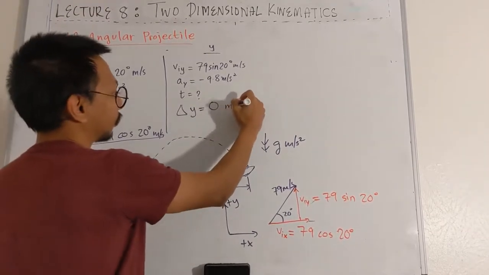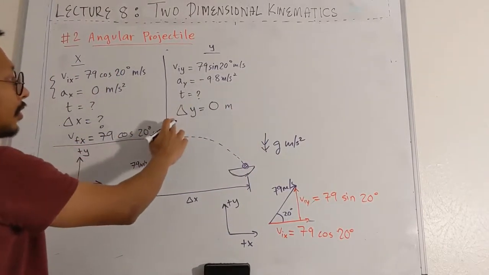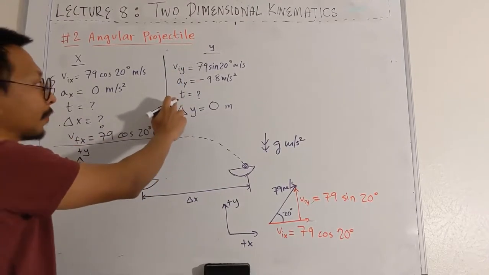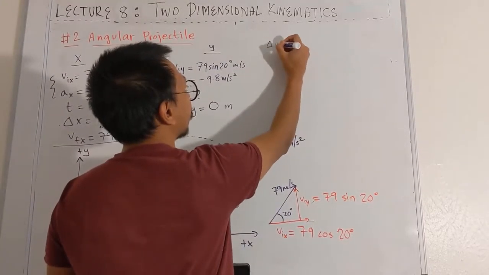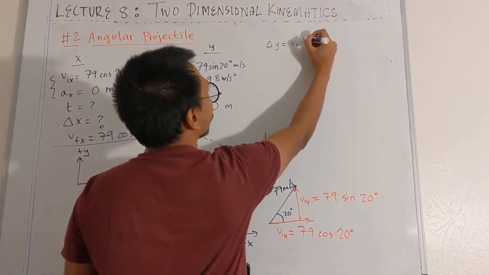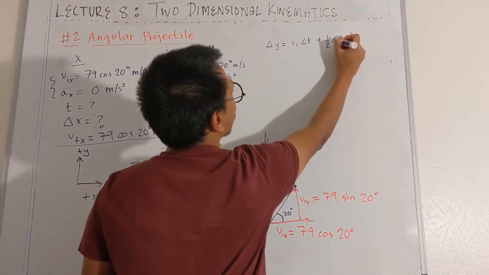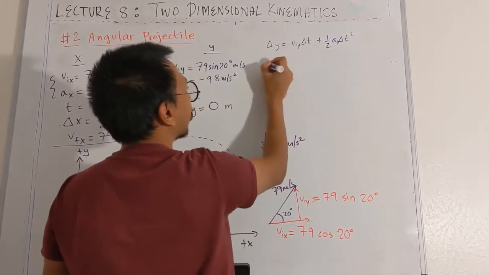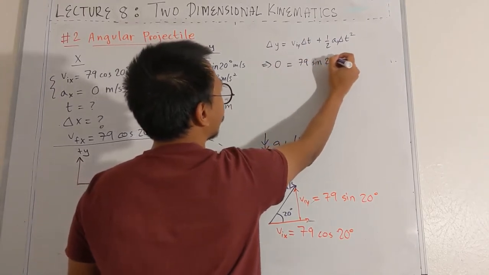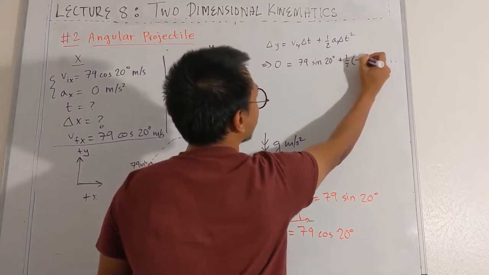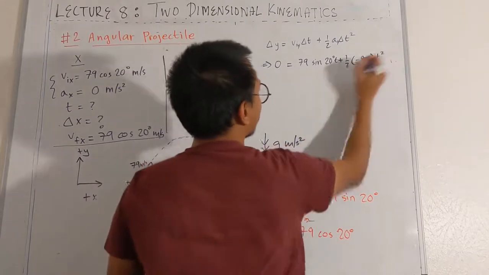And so 0 meters, we can now see that we have enough information in the y variables to find t again. So we'll do that using the same equation that we did for horizontal projectile. Delta y is equal to vi delta t plus 1/2 a delta t squared. Let's call it ay and viy. Delta y is 0, viy is 79 sine 20 times t plus 1/2, a is negative 9.8, I've missed a t here, and this is t squared.